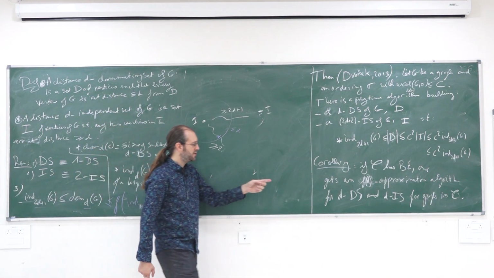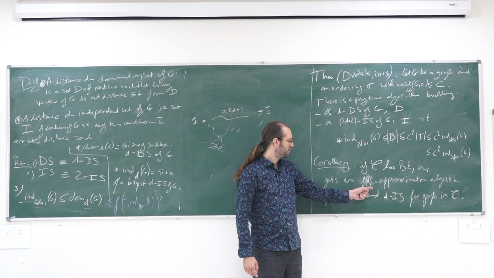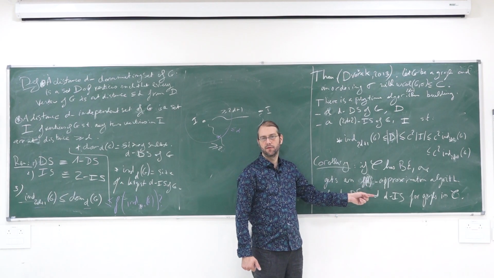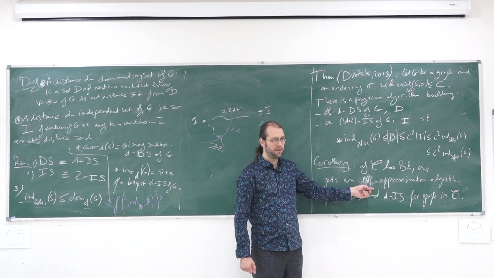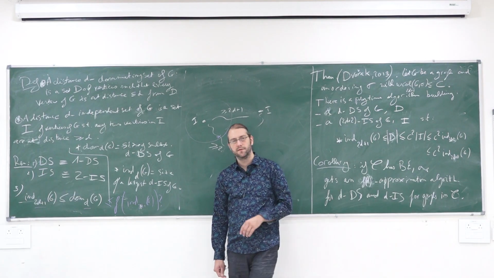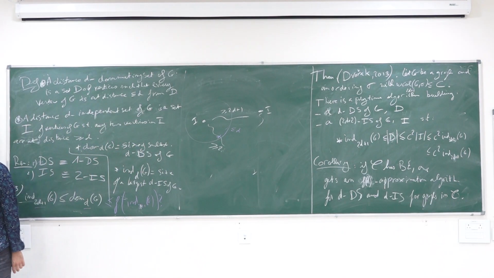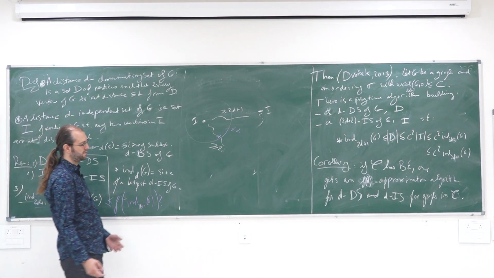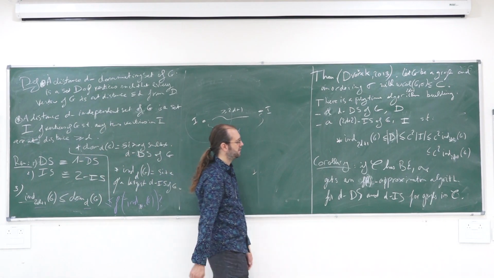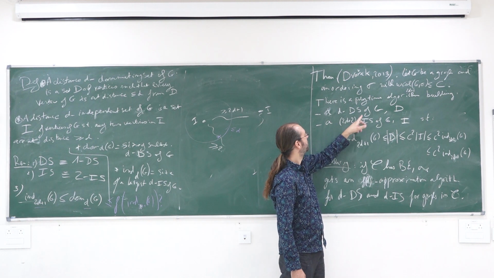So f of d approximation algorithm means that the solution you get, for dominating set, is at most f of d larger than the optimal. And for the independent set, it's at least, let's say, 1 divided by f of d times the optimum size. So it's not too much away. And this f of d is really c squared, where c is the weak coloring number.